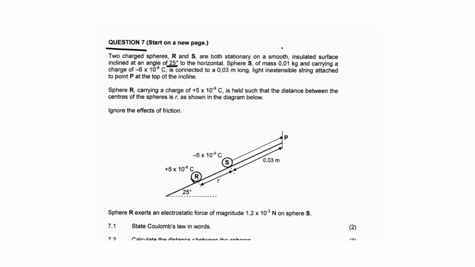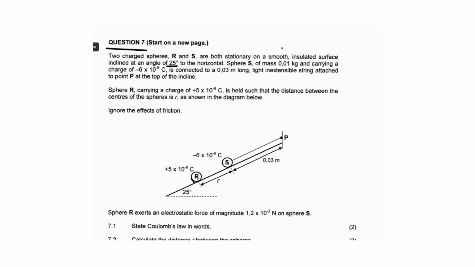Sphere S of mass 0,01 kg and carrying the charge of -6 times 10 to the power -9 coulombs is connected to a 0,03 meters long light inextensible string attached to a point P at the top of the incline.